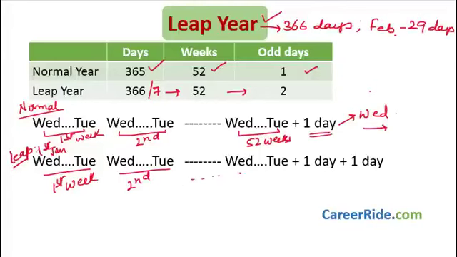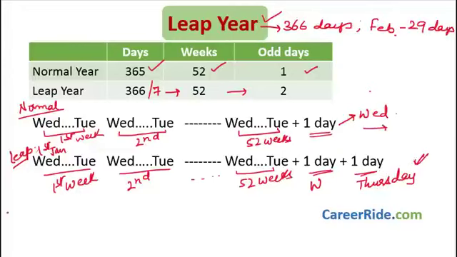Similarly, I'll keep going, and this will happen for 52 weeks, right? So this is my 52 weeks. Now I am left with 2 days. So in this example, the first extra day would be a Wednesday, and the next day becomes Thursday, isn't it? So the last day here becomes Thursday.